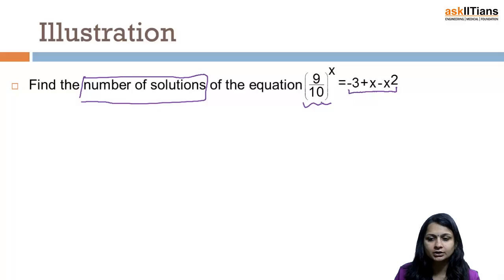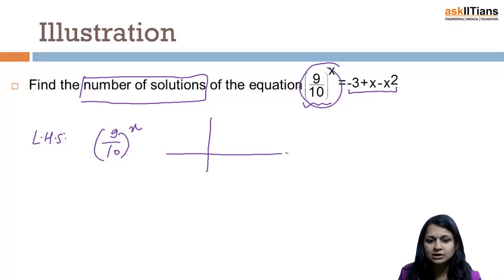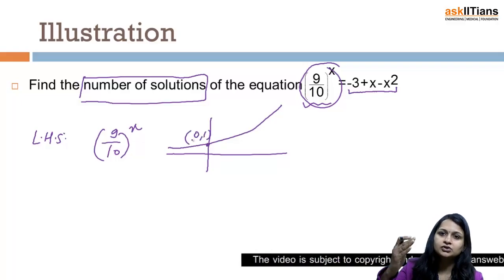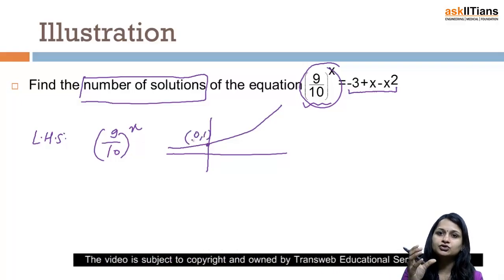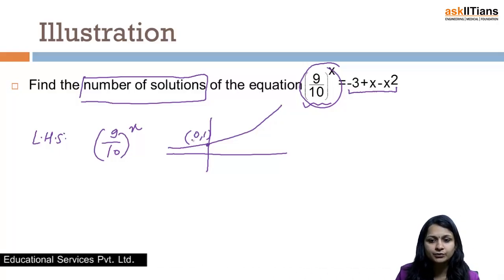I'll start with the left hand side, which is a function of the type (9/10) raised to the power x. So what is the graph for a^x? It moves like this, because at x equal to 0 it is 1, so the point (0, 1); when x approaches infinity it also approaches infinity, and when x approaches minus infinity it approaches 0. I hope this point is clear to you.